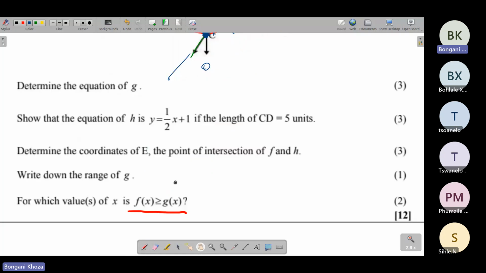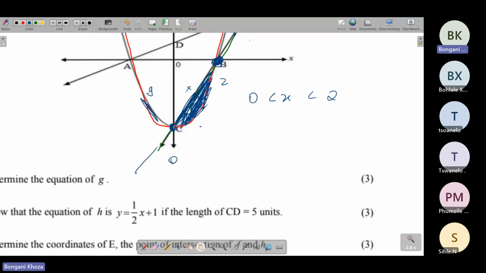At this point and that point, they are equal. That means we can put those equal signs. So 0 is included and 2 is also included. So this becomes our answer: x has to be greater or equal to 0, but less or equal to 2.